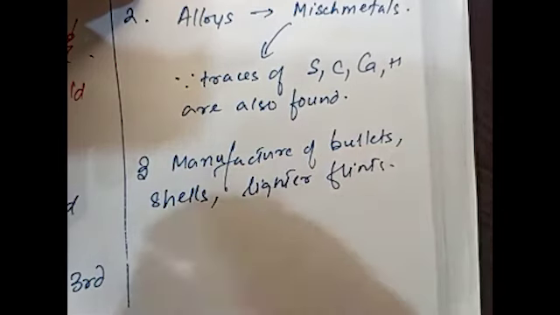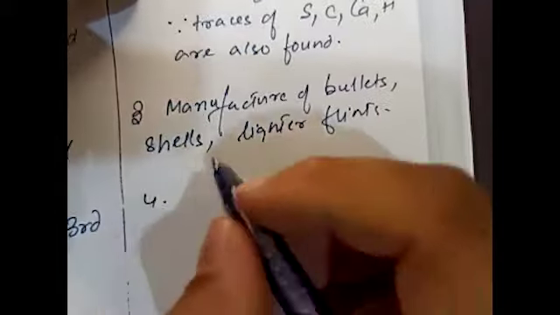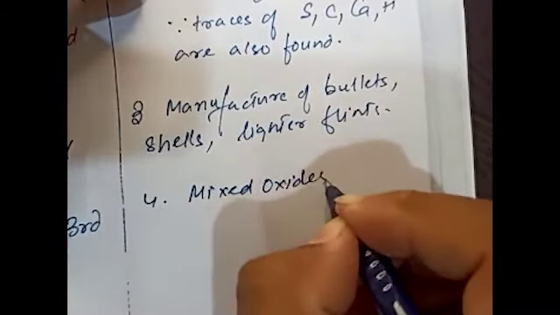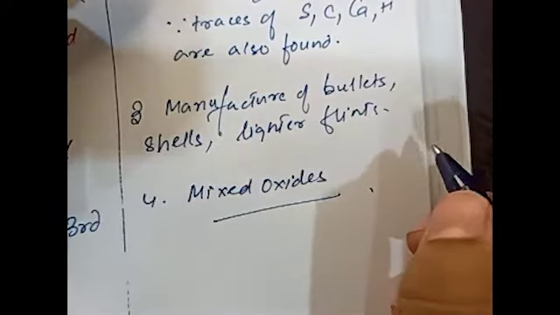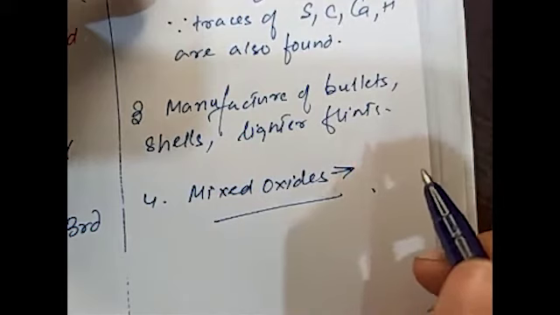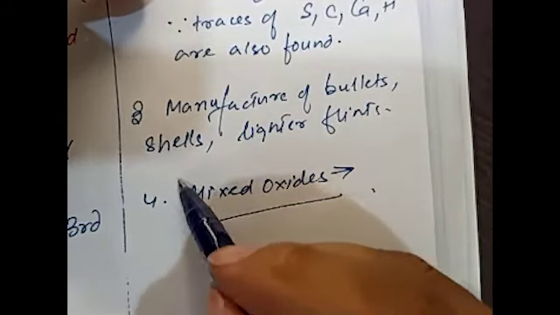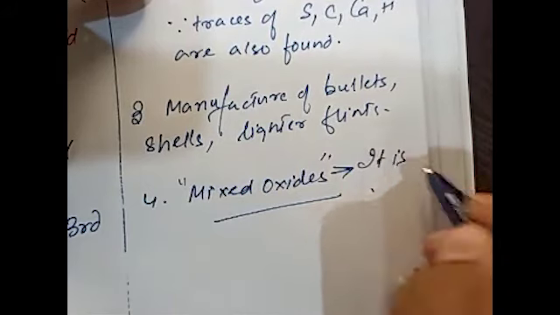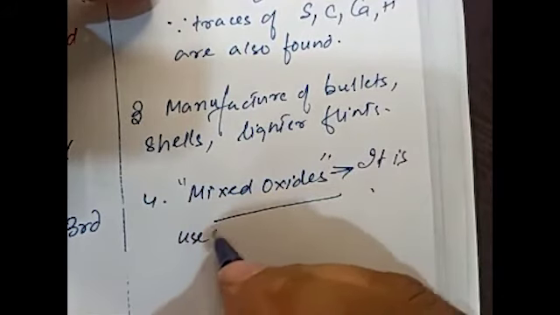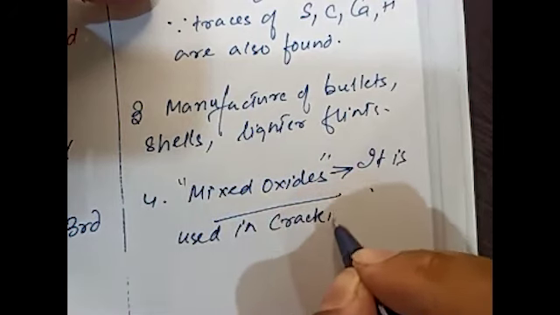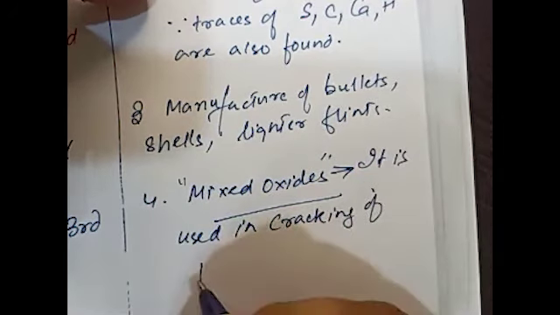Okay, and number 4 is mixed oxides. So what do these mixed oxides of lanthanum do? It is used in cracking of hydrocarbon.